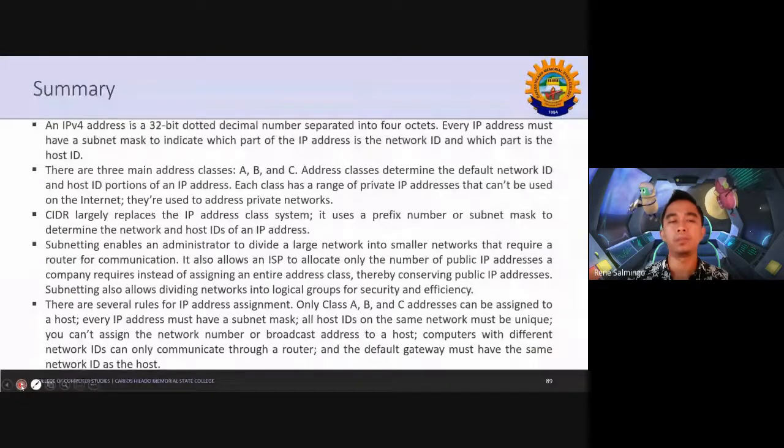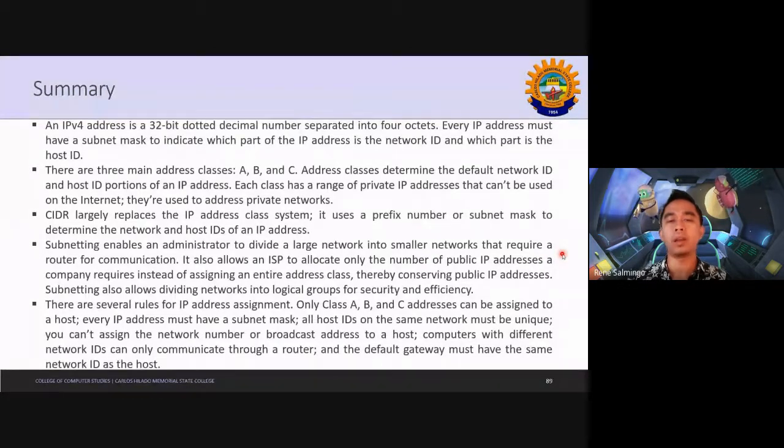CIDR largely replaces the IP address class system. It uses a prefix number or subnet mask to determine the network ID and the host ID of an IP address. And subnetting enables an administrator to divide a large network into smaller networks that require a router for communication.